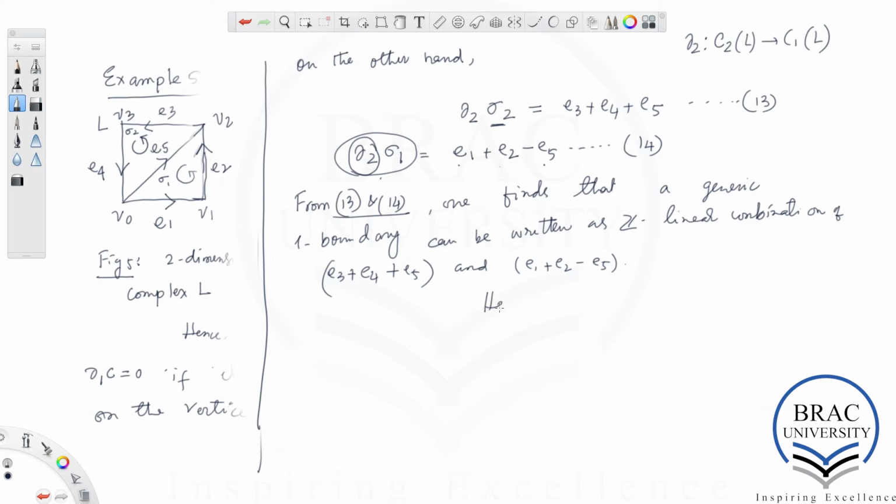Hence, one immediately sees that B1 of L, which is the image of this boundary operator in C1 of L, is isomorphic to Z squared. Okay, so the group of one boundaries is isomorphic to Z squared.